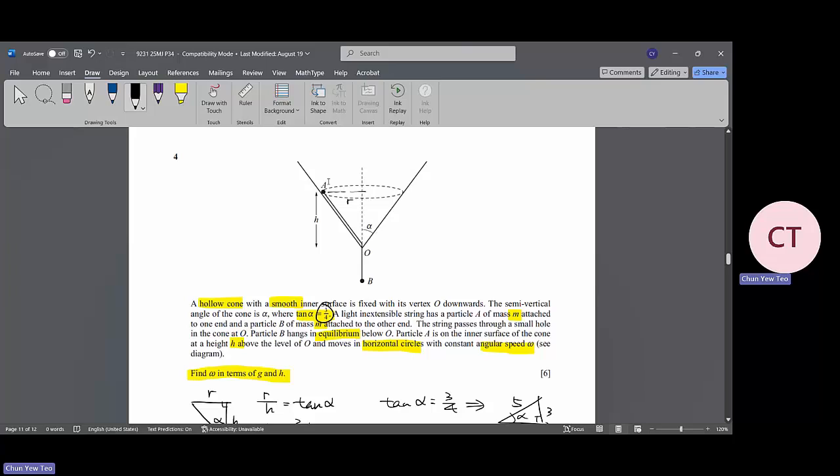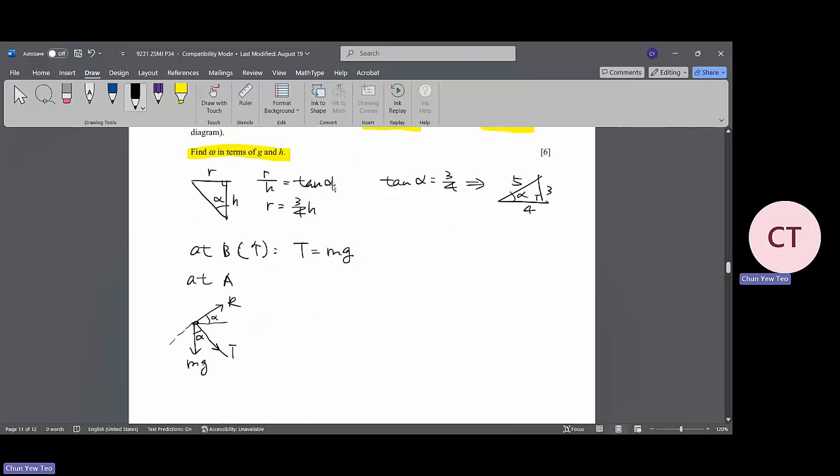Because the T over here is pulling up, then the T over here is pulling down, okay? So the tension goes like this. Okay, so if we resolve the forces of A vertically, maybe we can go vertically first. So you have R sine alpha is equal to mg plus T cos alpha.